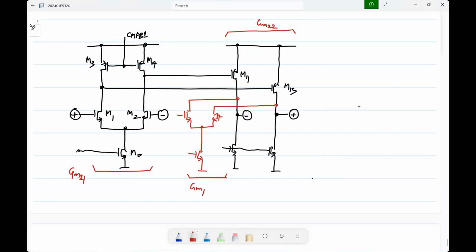And this may need additional bias currents here as well. So this will be the plus input of the op-amp, and this will be the other way around. Oh yeah, correct. That is the plus input, and that's the minus input of the op-amp.